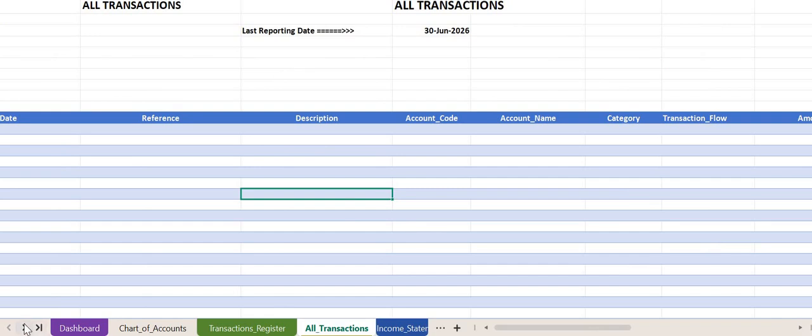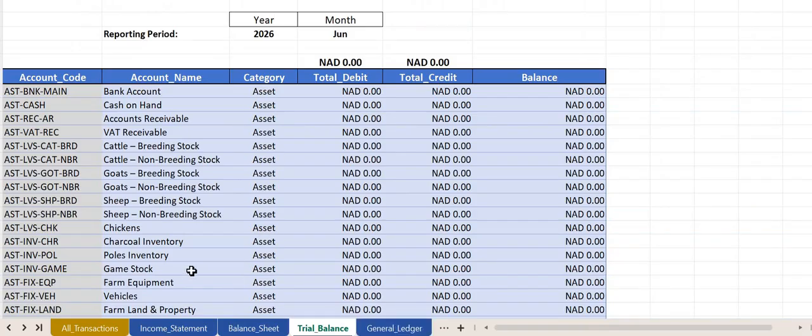And then the trial balance, which is this one, summarizes everything. From there, the financial statements are generated automatically. So everything is connected, and everything depends on accurate transaction entry.